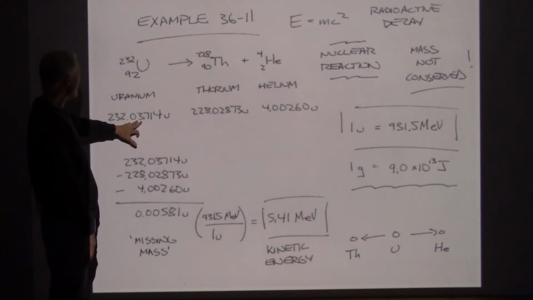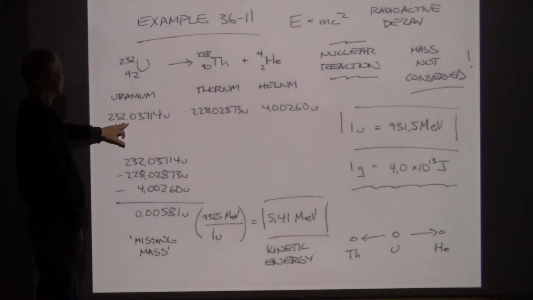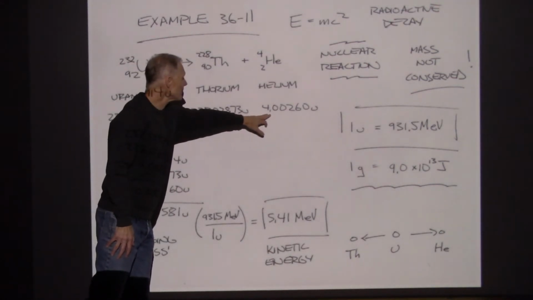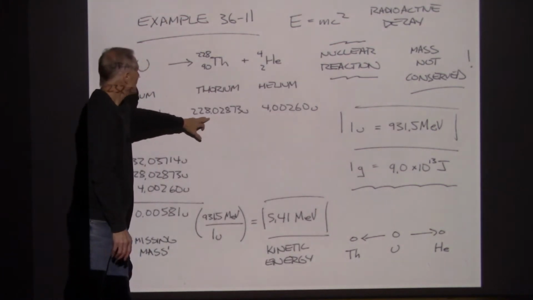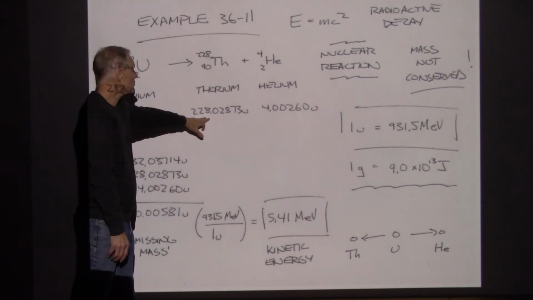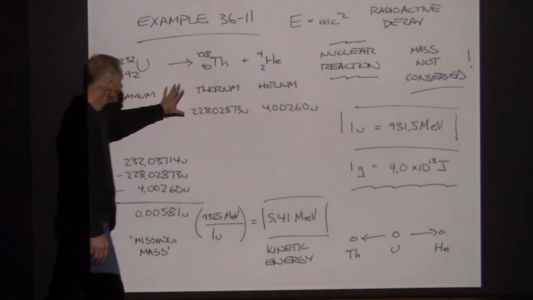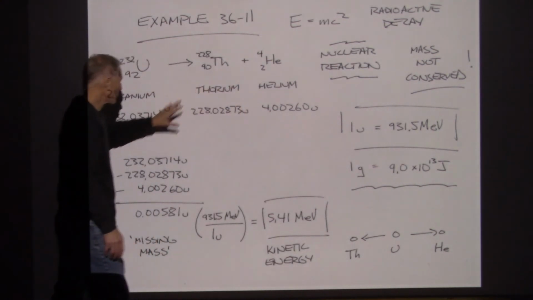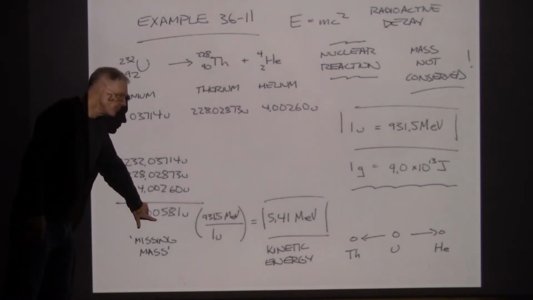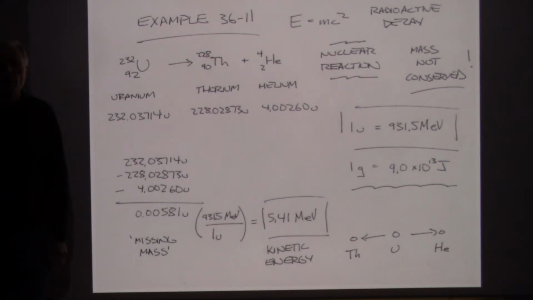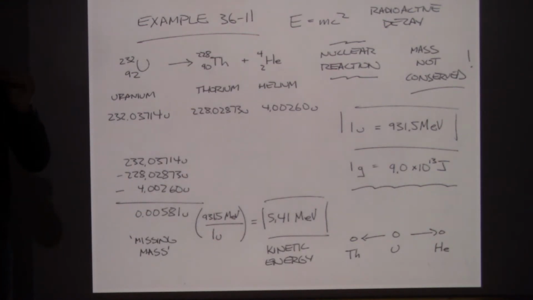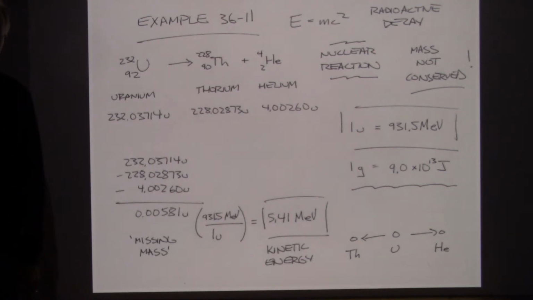So we're going from the mass of the uranium, which is very close to 232, into the mass of helium, which is very close to 4, and the thorium, which is very close to 228. But when I take the uranium mass and subtract off the mass of the thorium and the helium, there's mass missing. The mass of the products is measurably lower than the mass of what we started with.